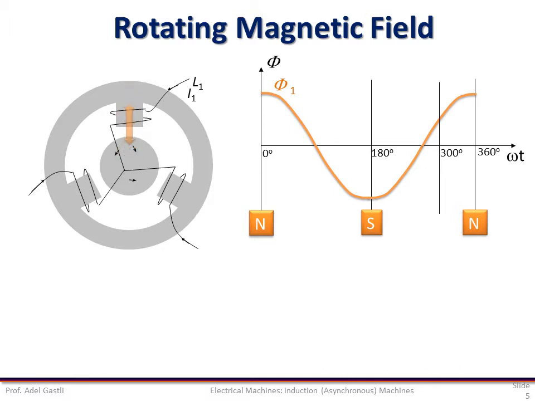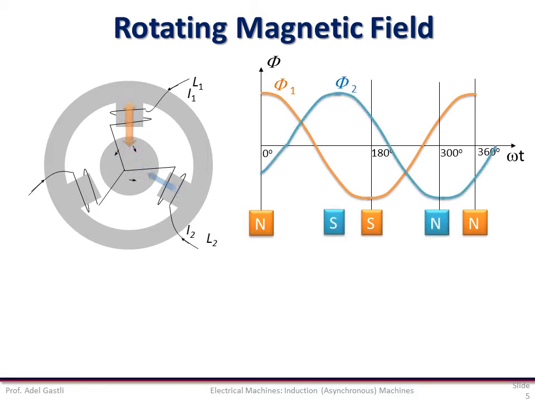This magnetic field has a fixed location on the stator core, but its magnitude is varying sinusoidally in time and pulsating in space between north and south. The pulsation speed of the magnetic field is determined by the frequency of the AC line. For instance, in the 50 Hz case, the field changes direction 50 times per second.